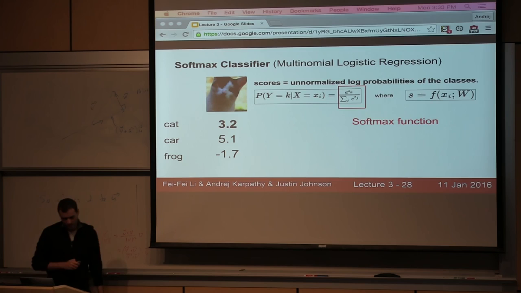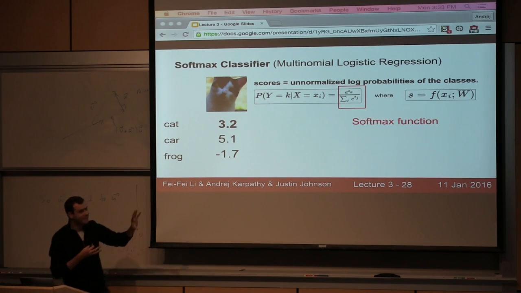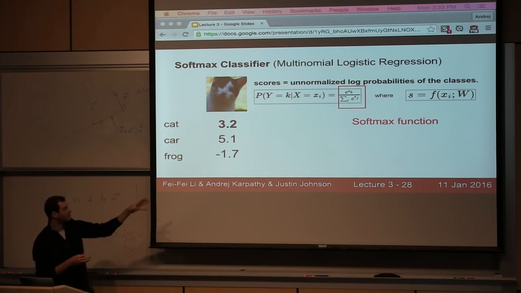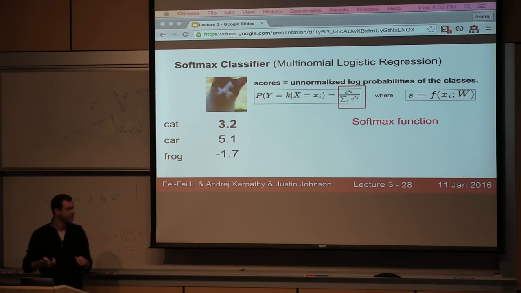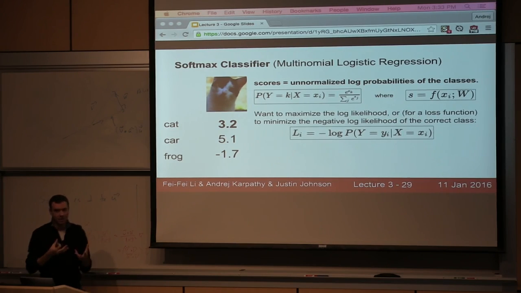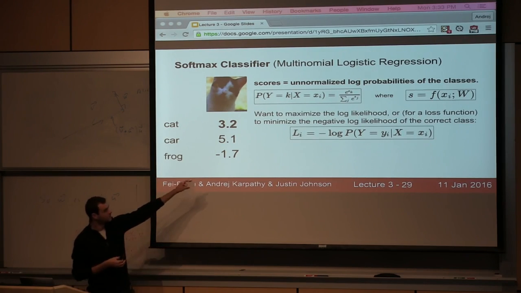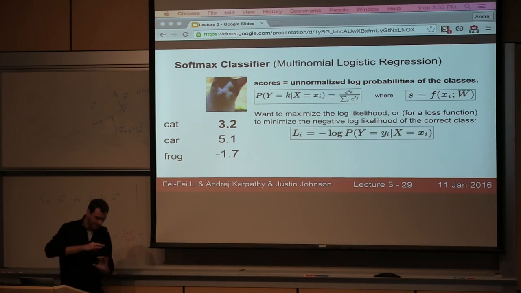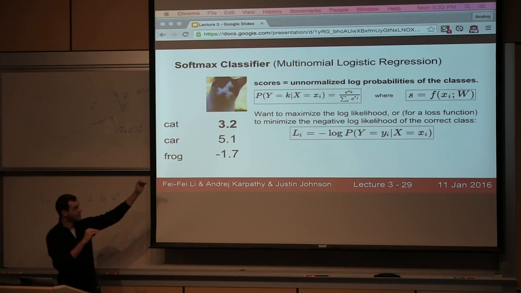Okay? And so if we're in this probabilistic framework where this is the probability of different classes, then it makes sense in terms of what you usually want to do in this setting. We have a probability over different classes. One of these is correct. So for the loss function, we want to maximize the log likelihood of the true class.